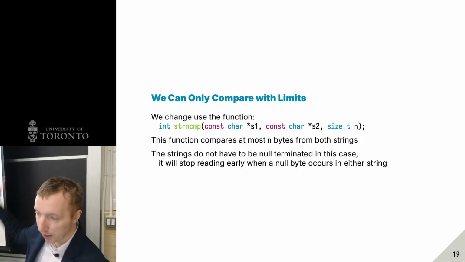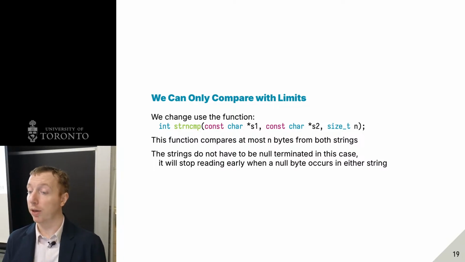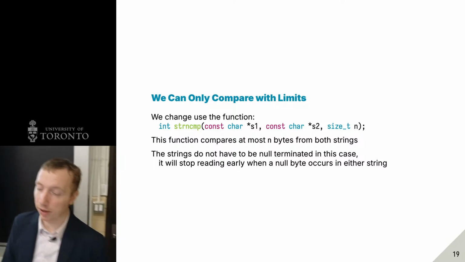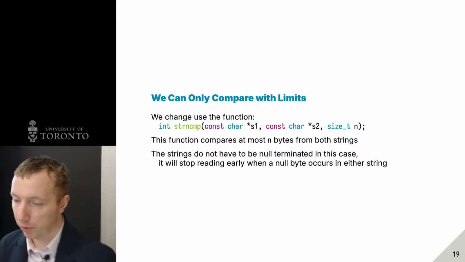So again, here's comparing within limits, strncmp. In this case, the strings do not have to be null terminated, and it stops reading early if there is a null byte in another string. Otherwise, it will go up to that limit.